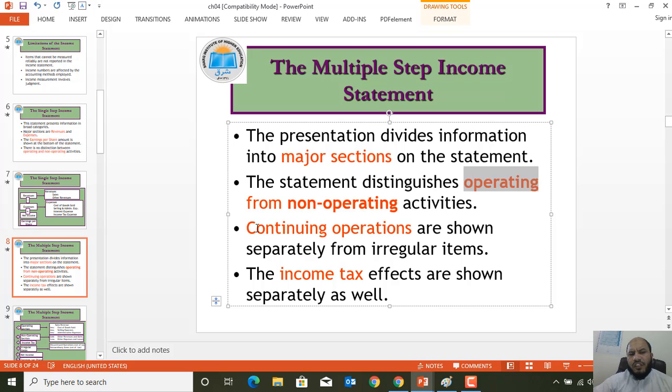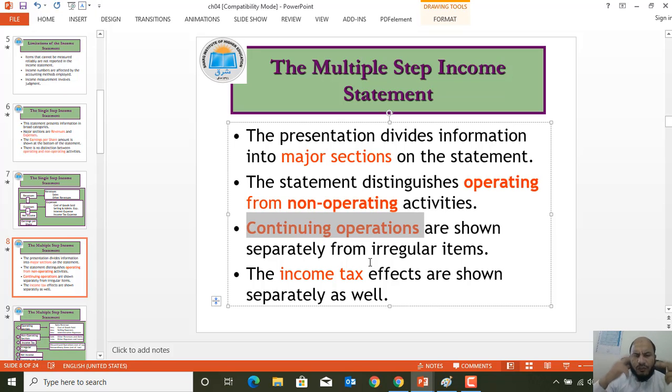We may also say that continuing operations are shown separately from irregular items. So we have continued operations and discontinued operations. Continued operations are the ones which are continuously carrying on, and discontinued operations are those where sometimes we dispose of or sell a part of the business.